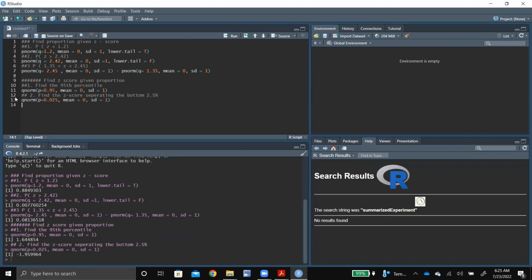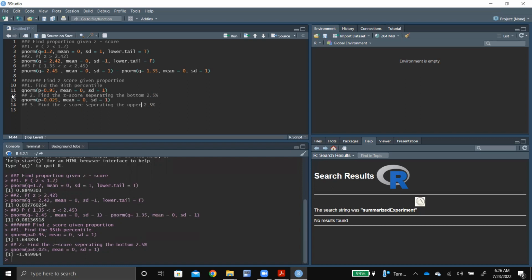Now we have the same kind of problem, but a little different. Number 3 says find the z-score separating the upper 2.5 percent. How can we do this part? Whenever we are looking for the upper 2.5 percent, we are looking from the right.